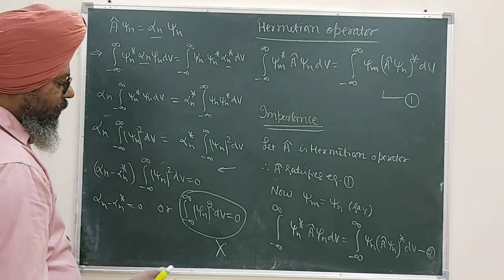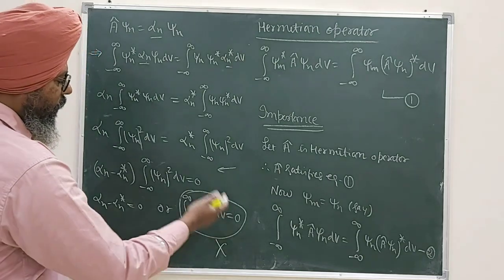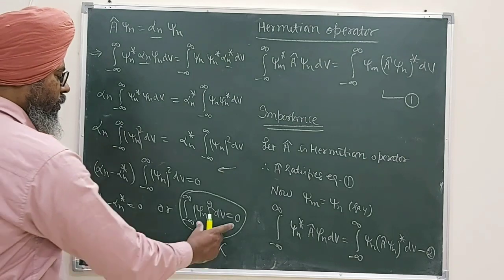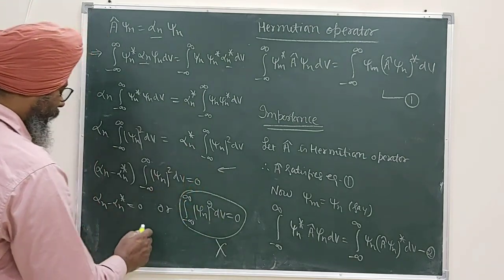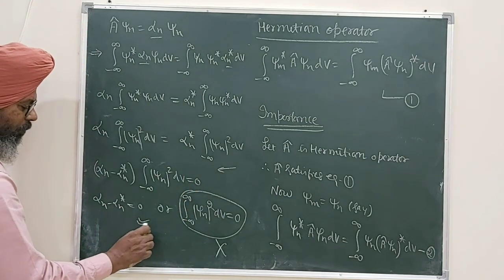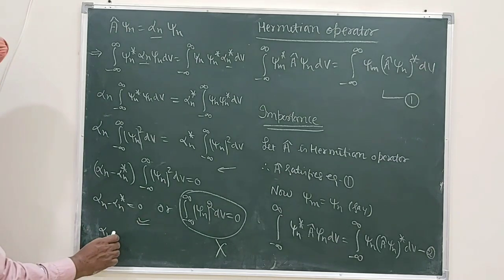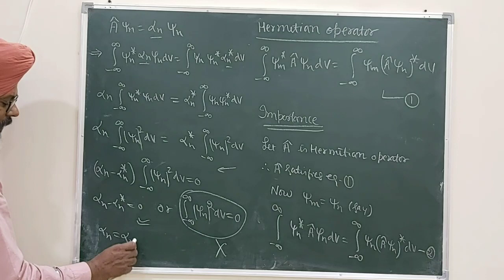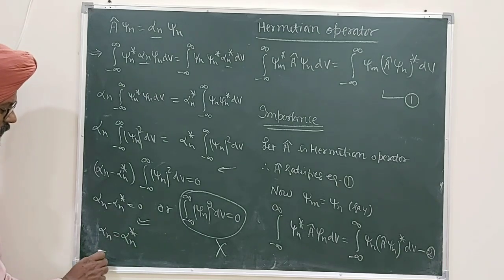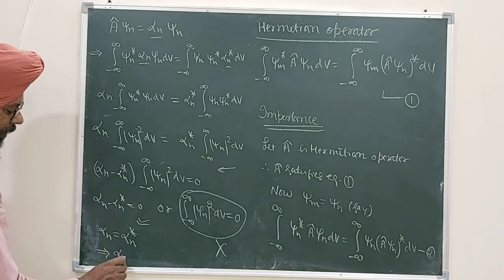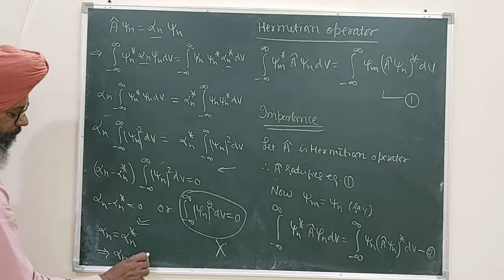So the particle has to be found somewhere within the universe. So this integration cannot be 0. I am left with only one option, that is alpha n minus alpha n star is equal to 0. That gives me alpha n is equal to alpha n star, which ultimately means that alpha n is a real number.